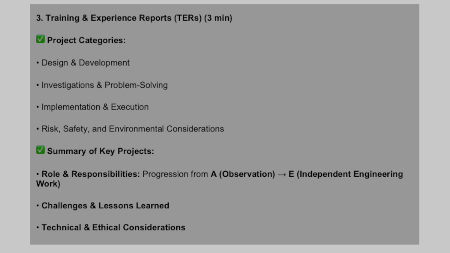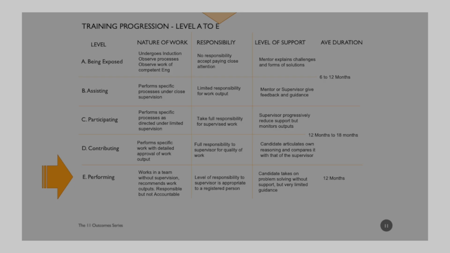Then your next key area will be a summary of your key projects. Now, when I say summary, explain your role and responsibilities. The progression during that time from level A being introduced into the environment all the way up to level E, and that is taking full independent work.